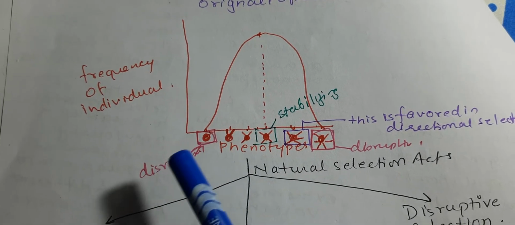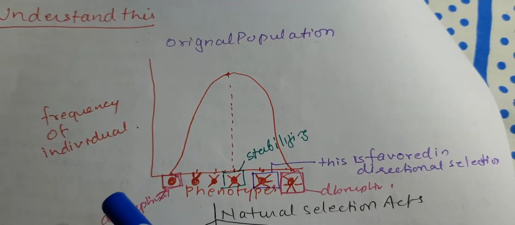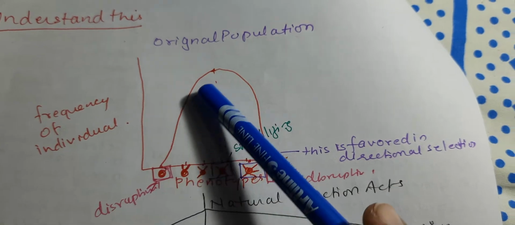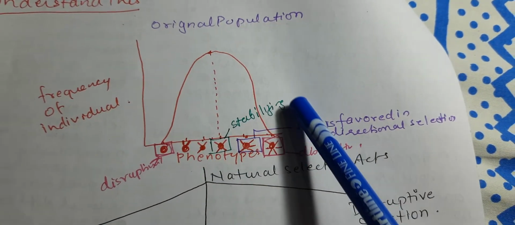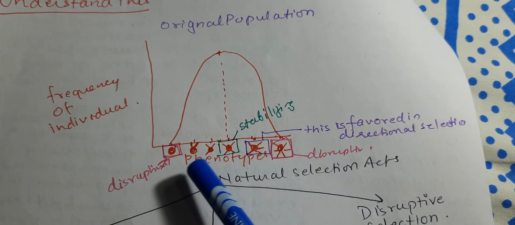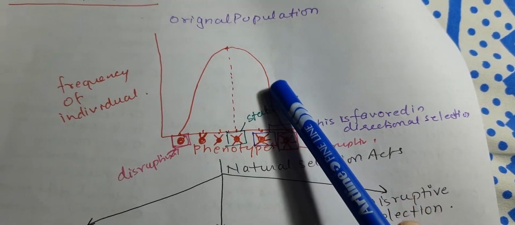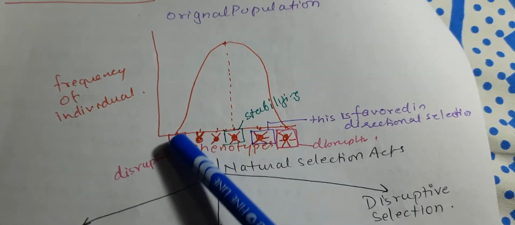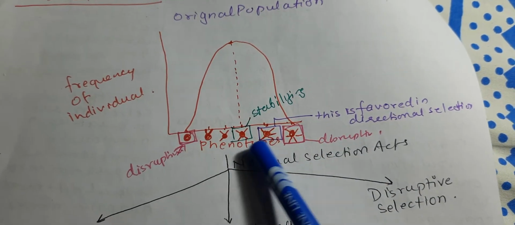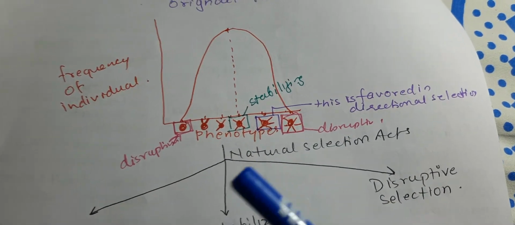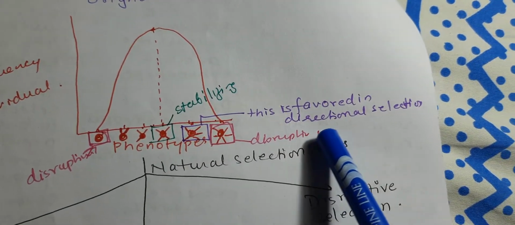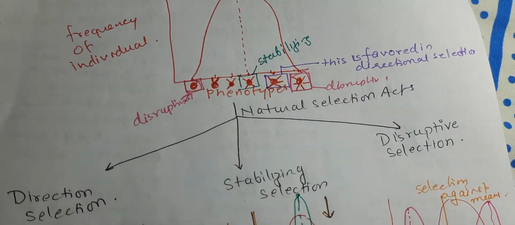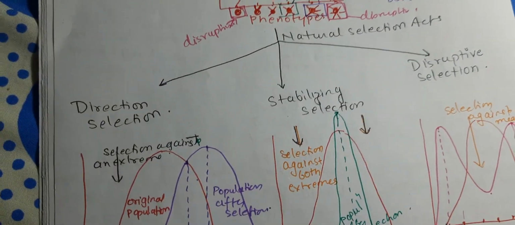So if you see the original population, how it gets stabilized, from non-fur to fur, these are the different types of variation it has undergone, and they are all surviving. Now, this is the original graph. Now we will see how directional selection is favored.